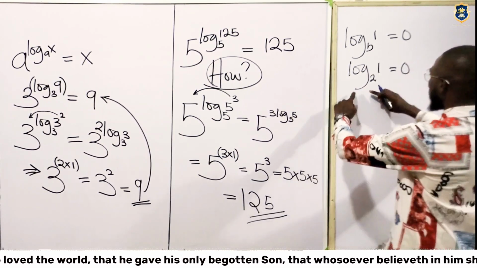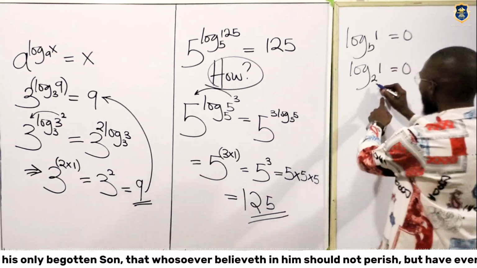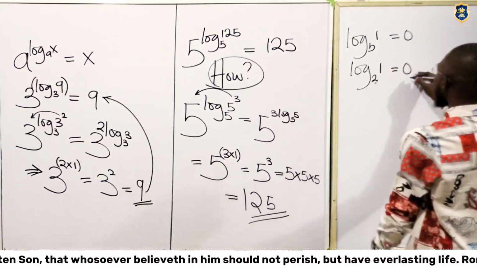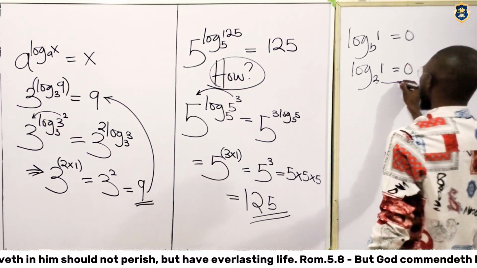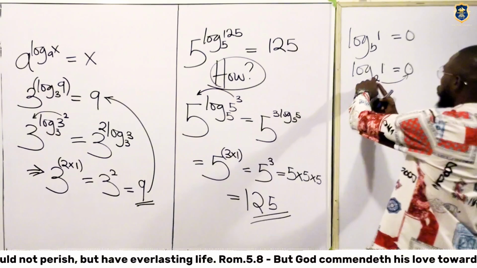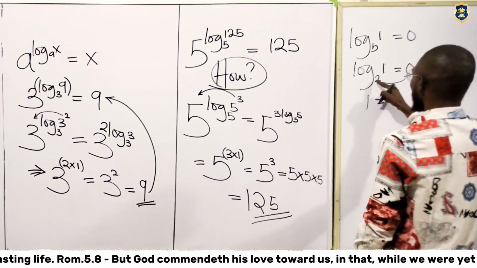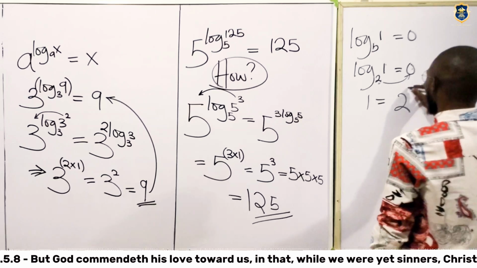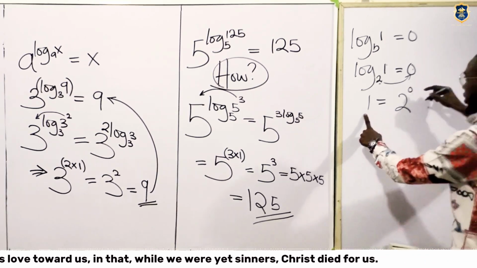If we try to reverse this logarithm to its indices form, remember this is our base, this is our power, and this is the number. By reversing, the 2 comes here, this one goes up, and 1 remains. So it's going to be 1 is equal to 2 raised to the power 0. Remember, anything raised to the power 0 is 1 for indices.